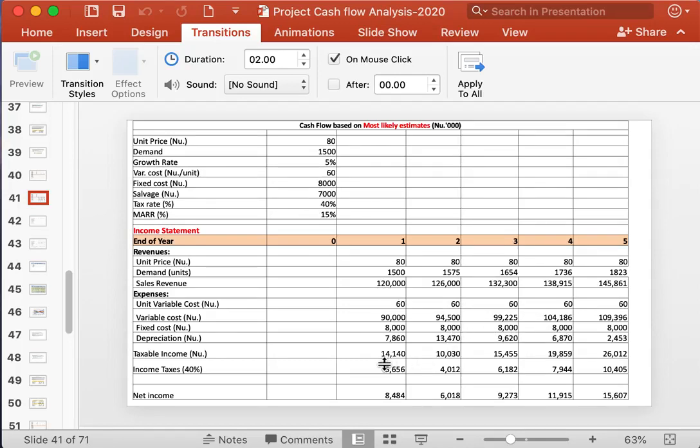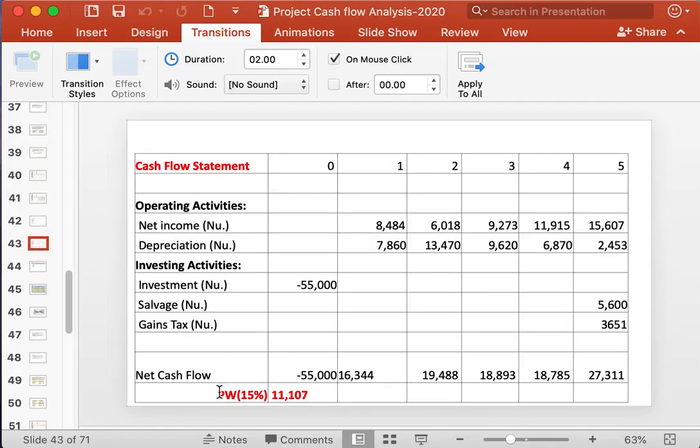And because of this, the net income will change and income taxes will change. So following the similar procedure, you will get a new cash flow, and then calculate the new present worth.